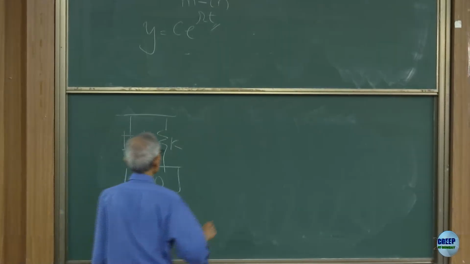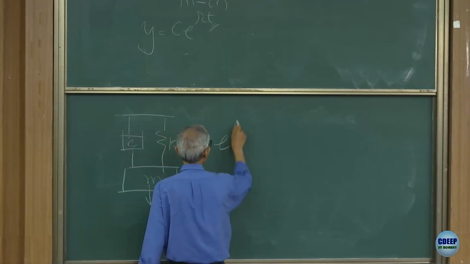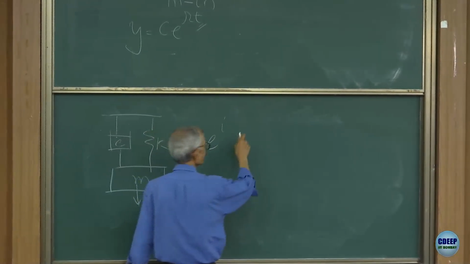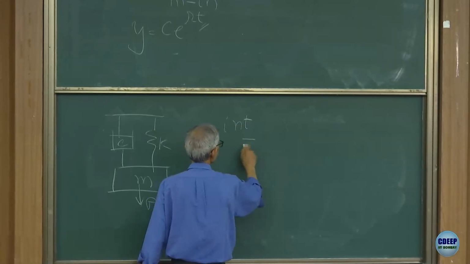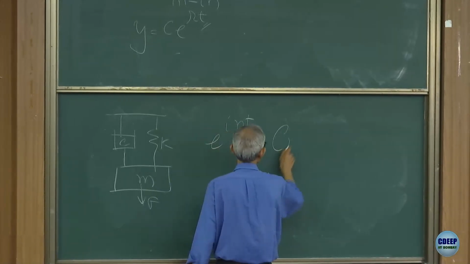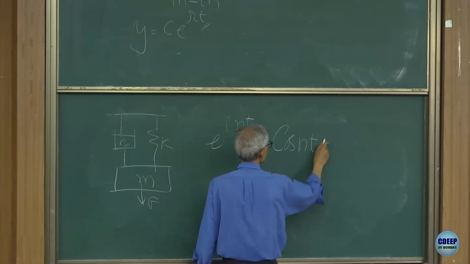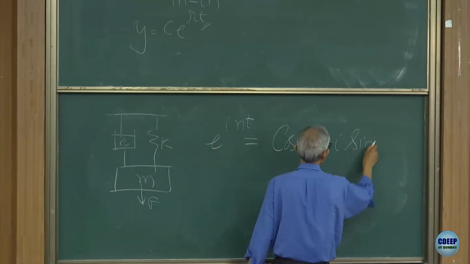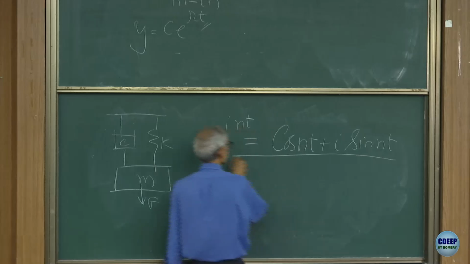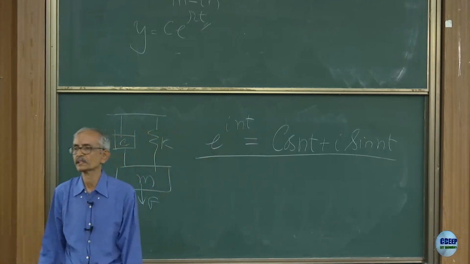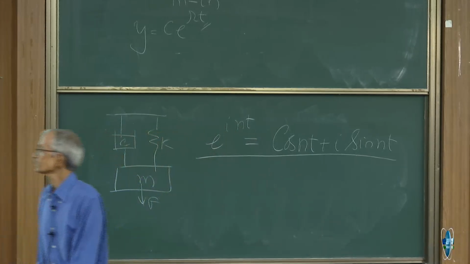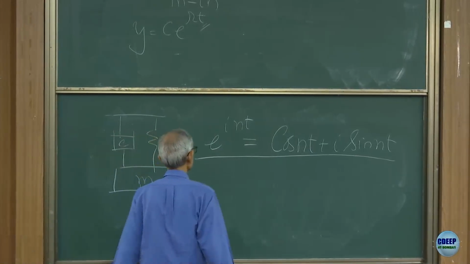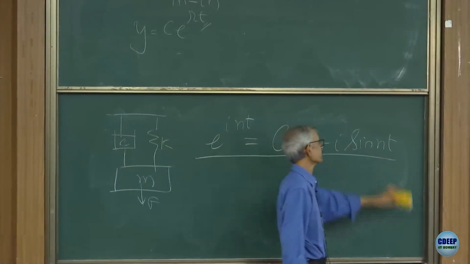So we say e to the power of int, we can use the Euler identity and say that this is cos nt plus i sin nt. This again we know from our high school math. So e to the power of int is cos nt plus i sin nt.